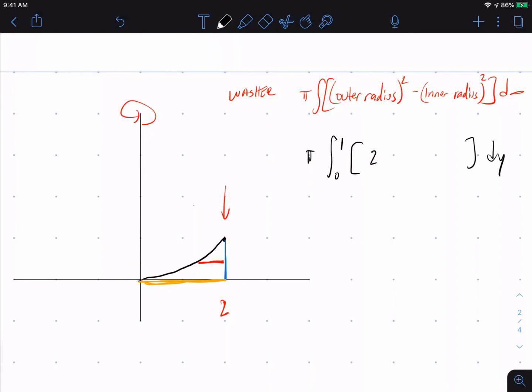And then the outer radius is going to be 2 squared minus the inner radius, and this function in terms of y, remember it was y is equal to 1/4 x squared, so I'm going to get 4y is equal to x squared, so then 2 radical y is my x, right? So the inner radius is going to be 2 square root of y, that quantity squared. Do you guys agree with that?